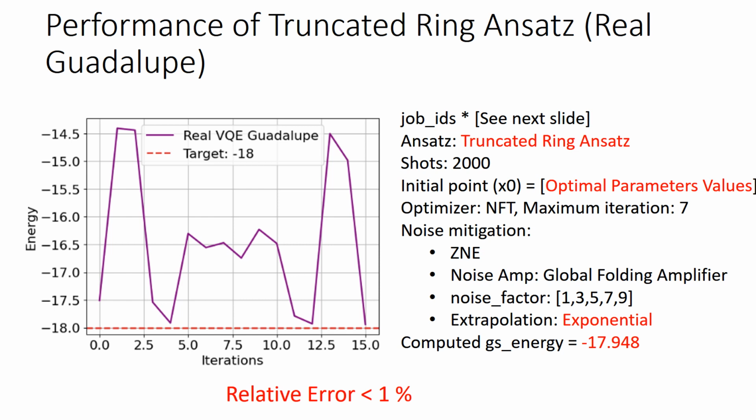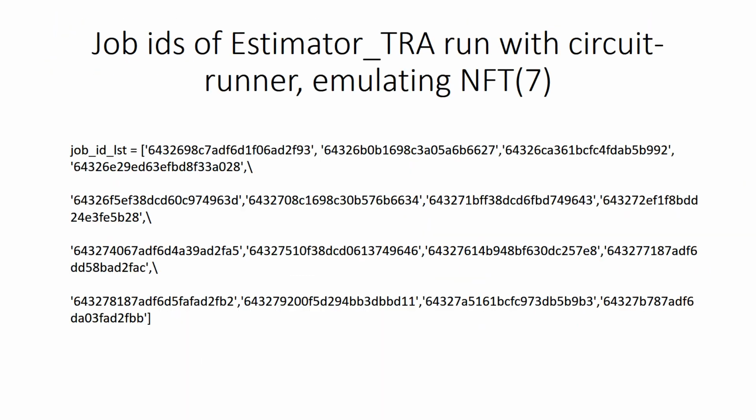At this point, I should remind you that this graph was obtained by 16 iterations of the NFT optimizer, which were run as circuit runner jobs, whose IDs are shown over here for your reference.